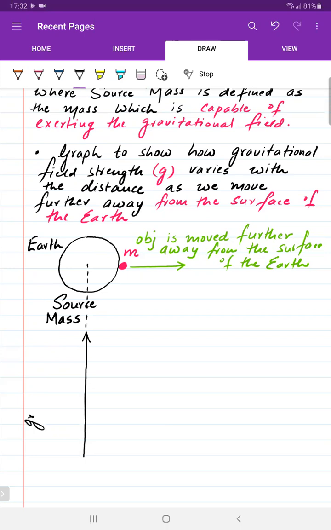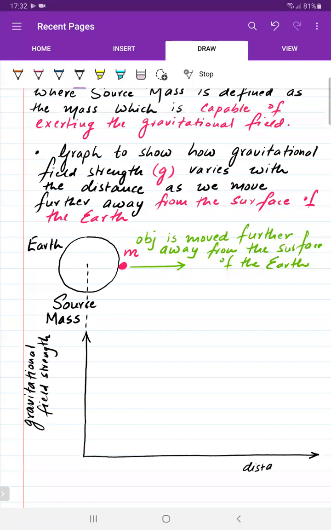Okay, so the vertical axis represents gravitational field strength. The horizontal axis in this case represents distance from the earth.